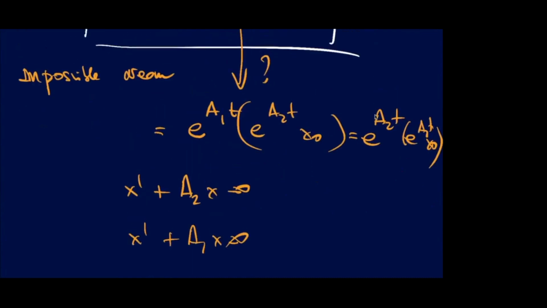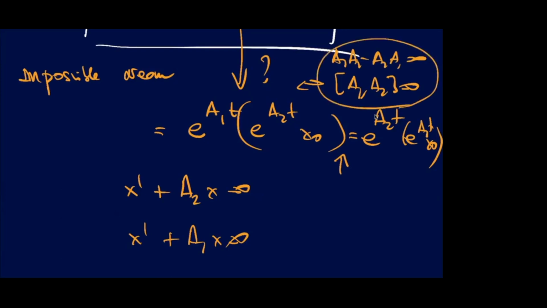So Ma says that this is only true if A1 and A2 commute. So if the commutator of A1 and A2 is equal to 0, meaning A1A2 minus A2A1 is equal to 0. Oh, this seems to be related to Kolmogorov and Hörmander, right? Hypoellipticity and hypocoercivity.